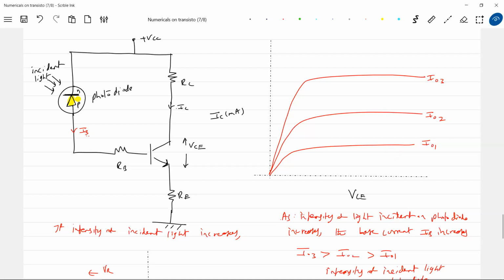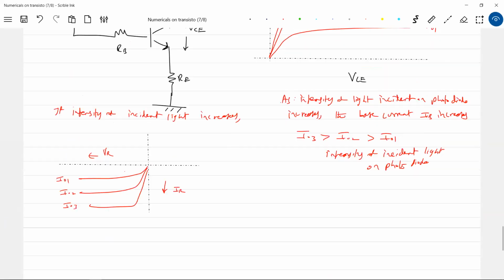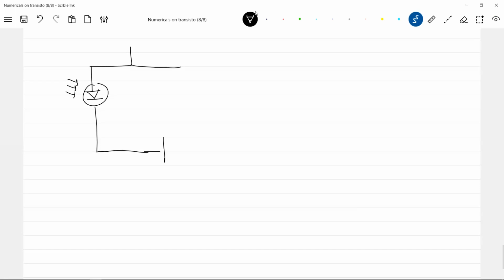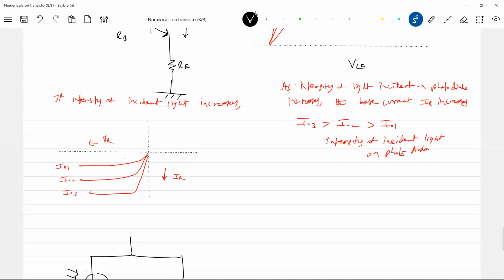Able to understand? So I'll put one more, the same photodiode. Let me forward bias here. Same circuit, no?